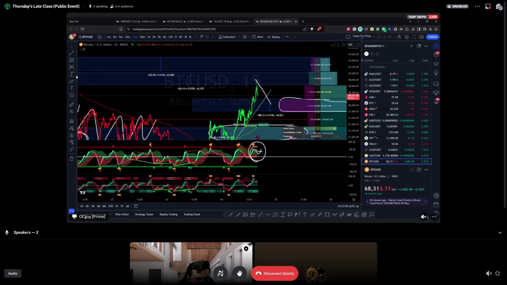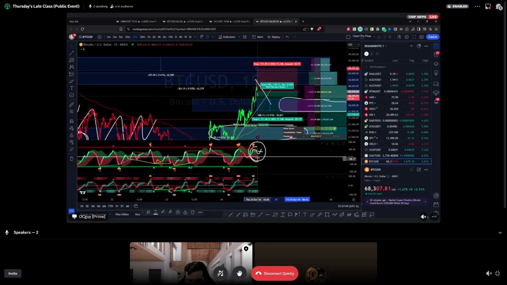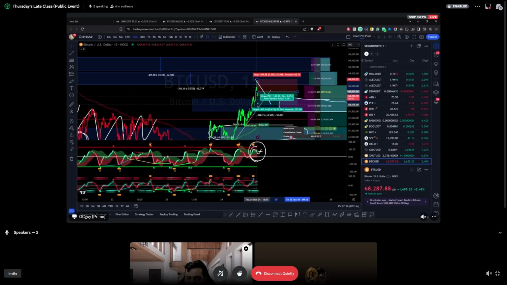Nonetheless, I can do a short position right here because I'm at the top, flipping back down, right? Set my stop loss at the previous high, aim at the next support area, and call it a day. Half of a position. Why? Because I'm de-risking here because I know it could fail. Failed, right?